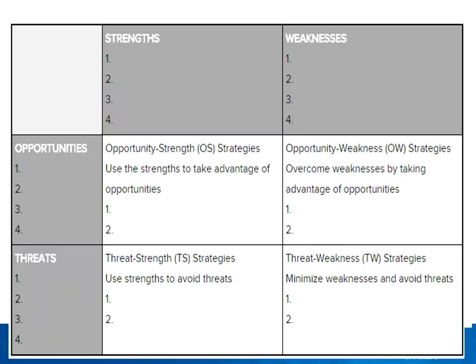This is what a box SWOT design looks like. It has 4 elements: strengths, weaknesses, opportunities, and threats.